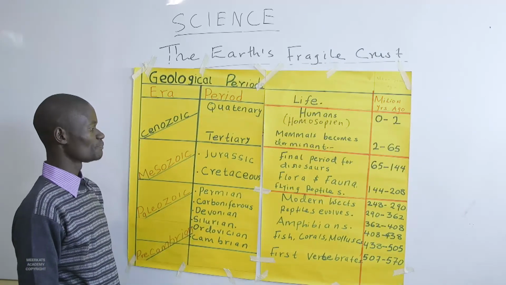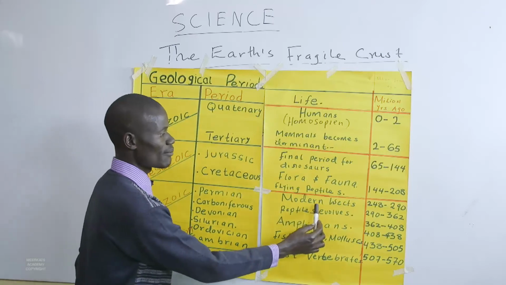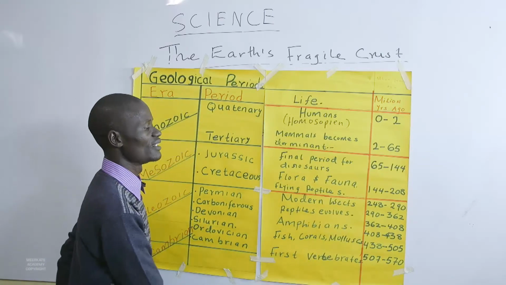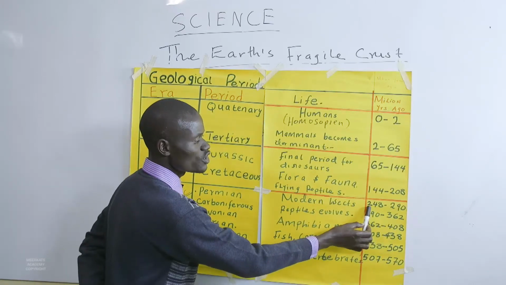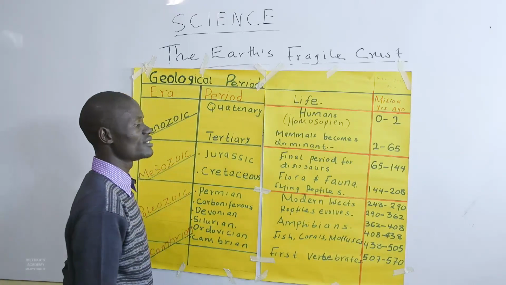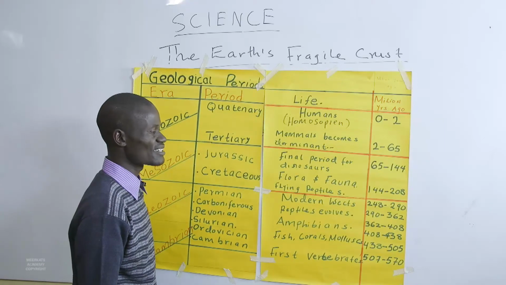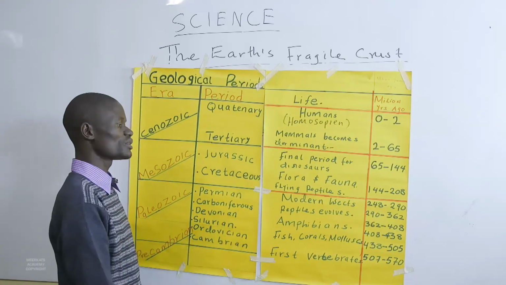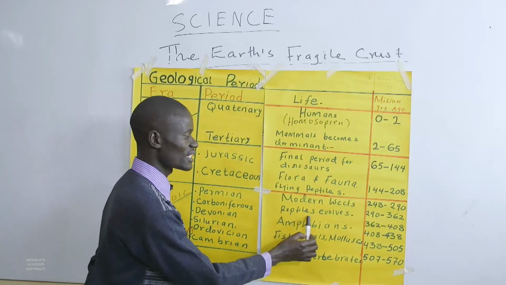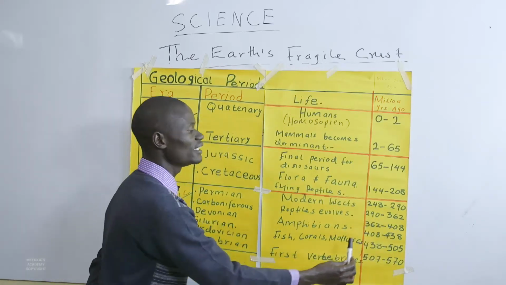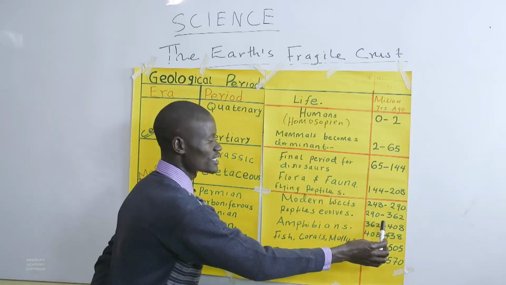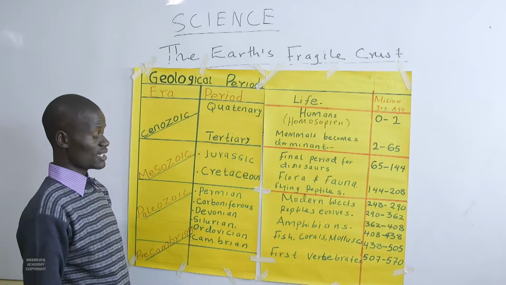During the Permian period, modern insects were identified, and their fossils have been dated to have lived between 248 to 290 million years ago. In the Carboniferous, this is where the reptiles were evolving, existing between 290 to 362 million years ago.